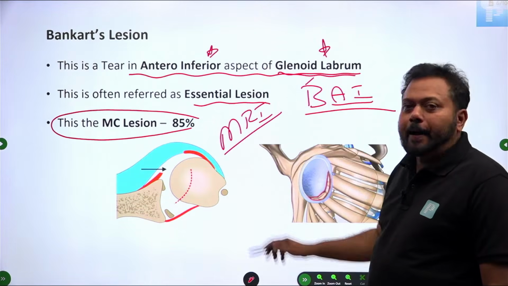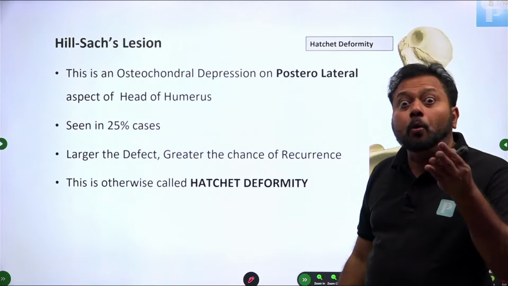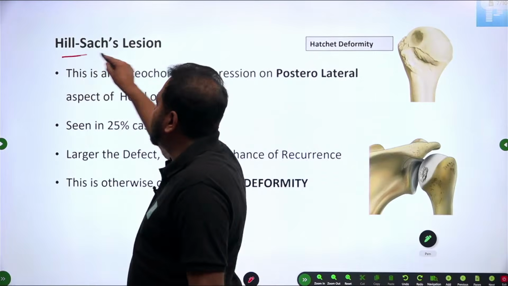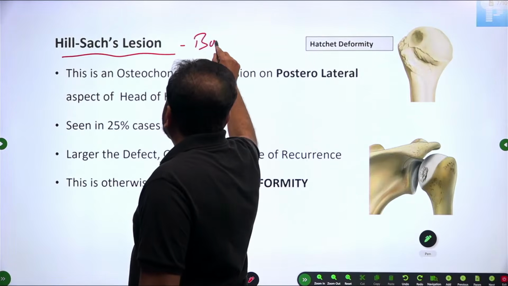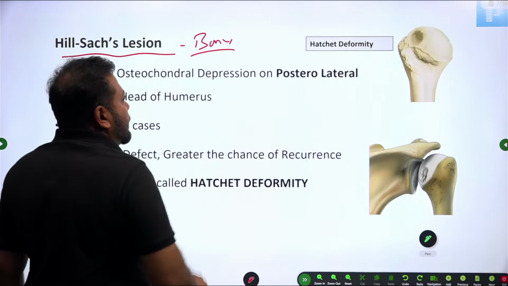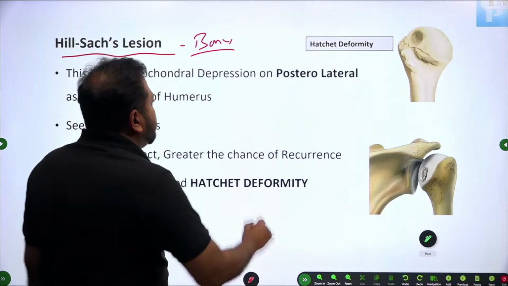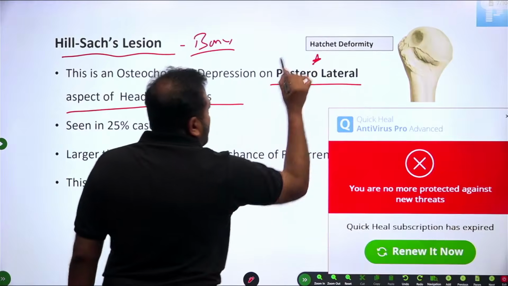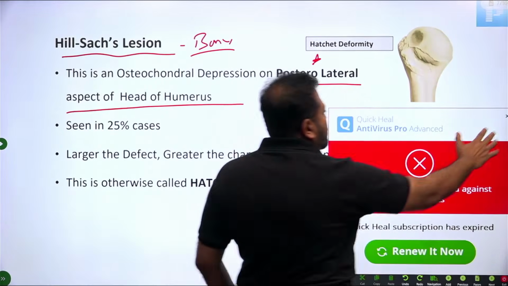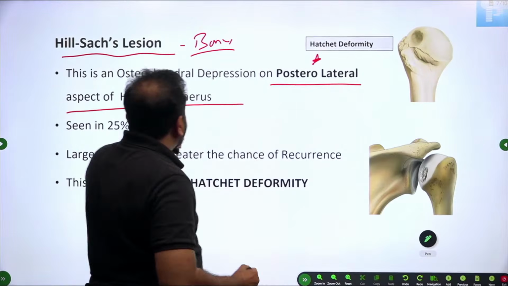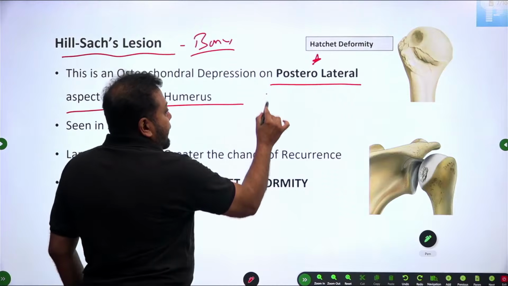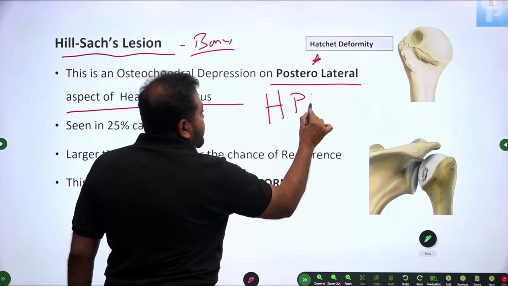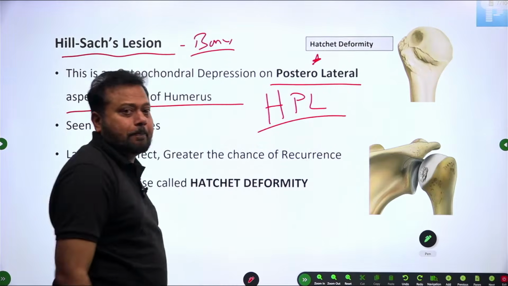So, this is Bankhart's. Hill-Sachs lesion is a bony lesion. There is an osteochondral depression or defect in the posterolateral aspect of the head of the humerus. I used to teach the mnemonic for Hill-Sachs lesion: HPL, the famous computer company, Hewlett Packard.